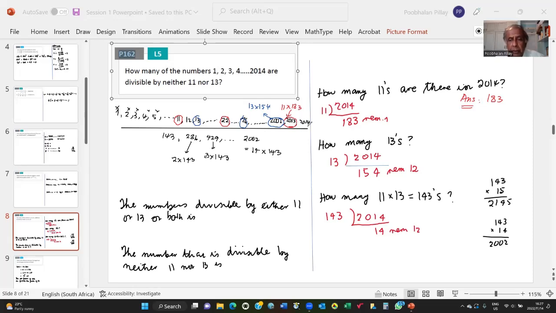And then when you add 12 to that, you get to that. So the number of 13s is 154. So the answer is 154. Because the next one will be 2015, you see. Because you have to add 13 to 2002 to get there, so therefore it's exactly 154.